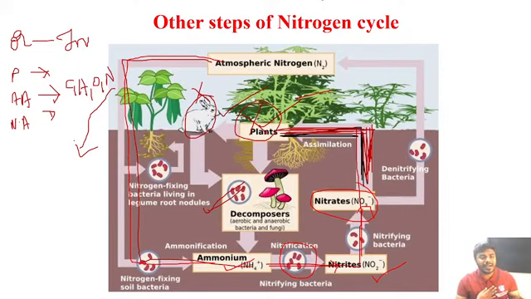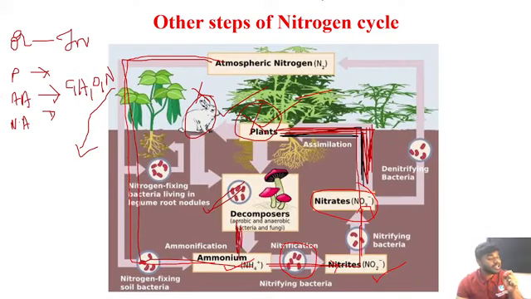I will convert the dead organic matter into inorganic like carbon, hydrogen, oxygen, nitrogen, and I will use that particular nitrogen. Why will I use that nitrogen? I will use that nitrogen to produce proteins and amino acids for me. That's fine. But what will I do with the excess nitrogen? Friends, that excess nitrogen I am going to convert into the form of ammonium.